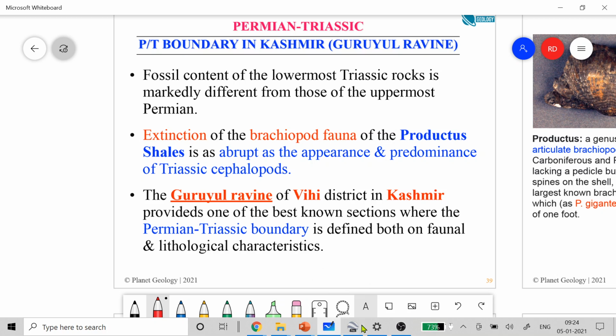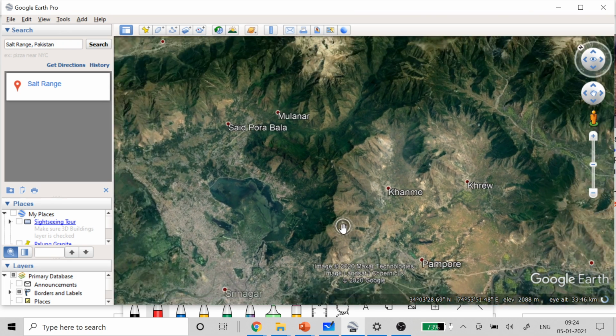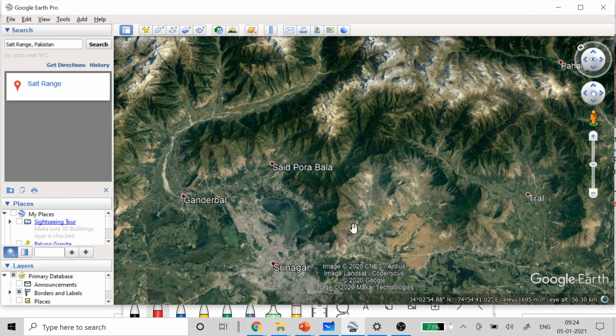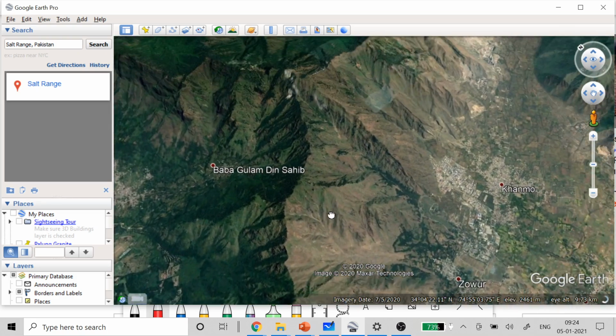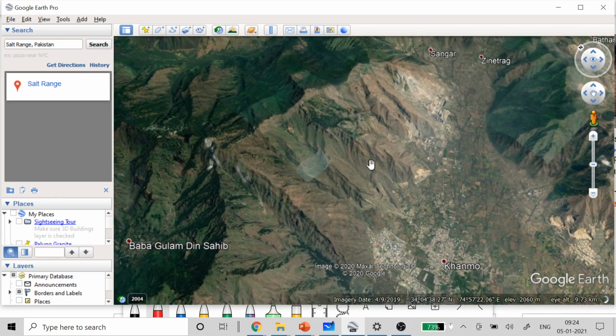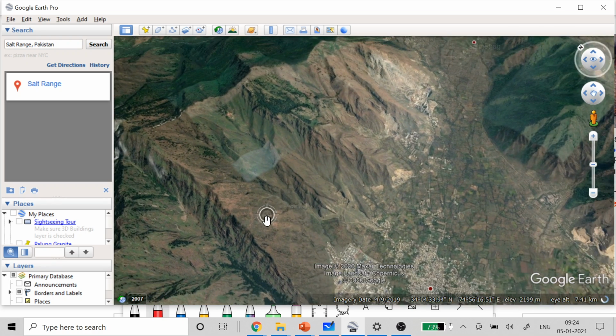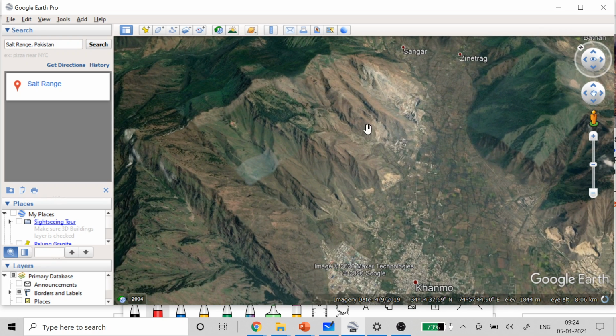where the Permian-Triassic boundary is defined, both on faunal and lithological characteristics, in India. And broadly speaking, if you observe the rocks from the top in this area, you can see the character that you see here, these nice layers, and the character changes.